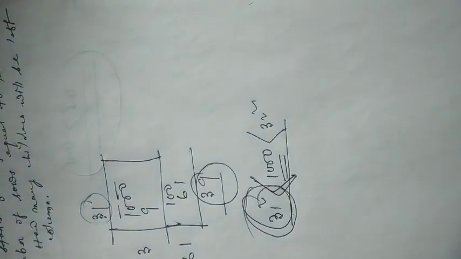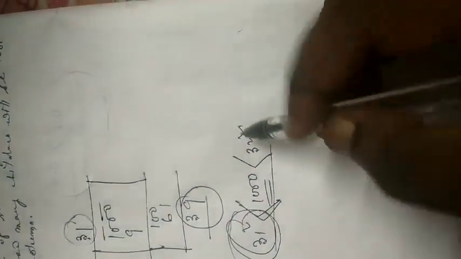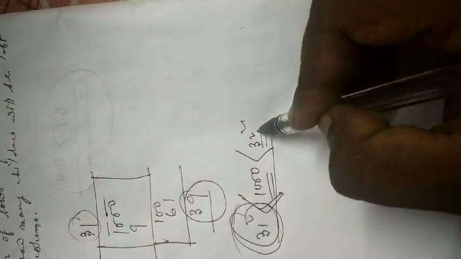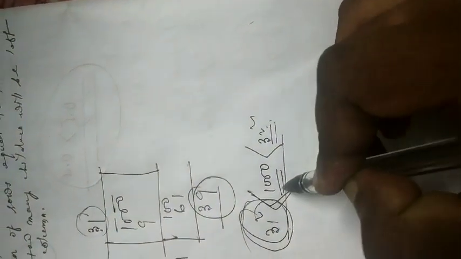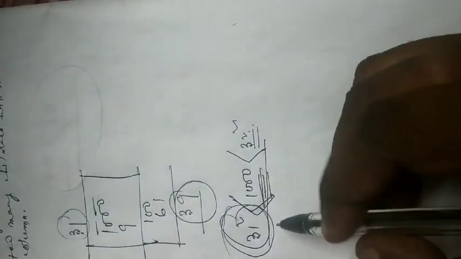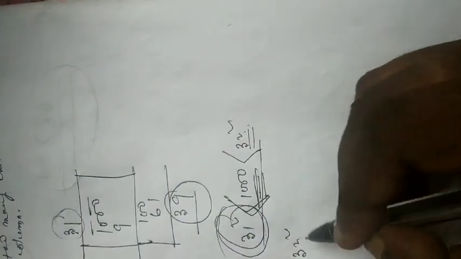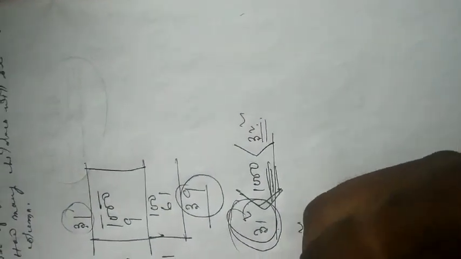As we can see, 39 has come as the remainder. So 31 square is lesser than 1000, and 32 square is bigger than 1000. So here I have to take 32 square. 32 square means 32 into 32.